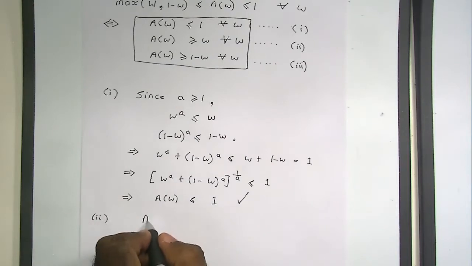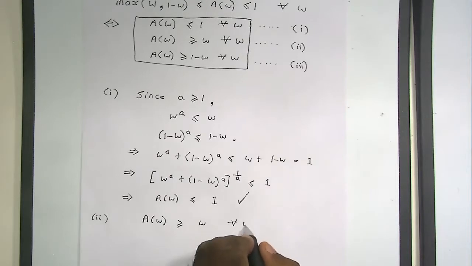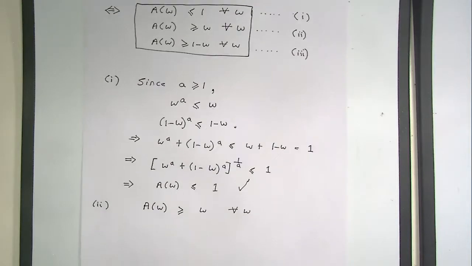We need to prove that A of omega is greater than or equal to omega for all omega.